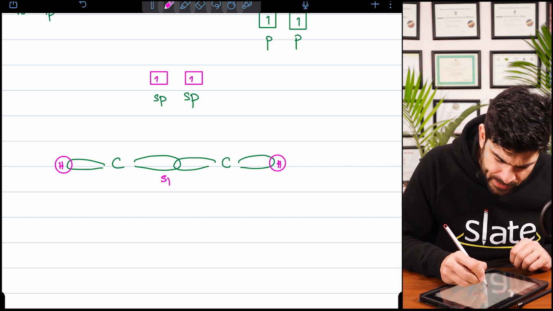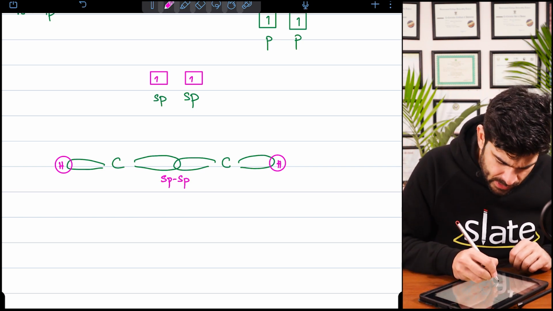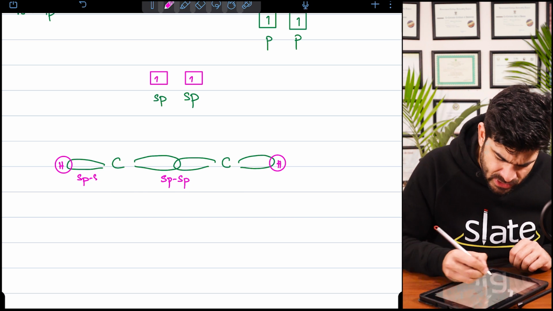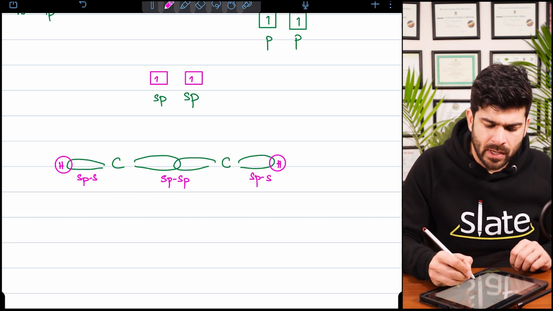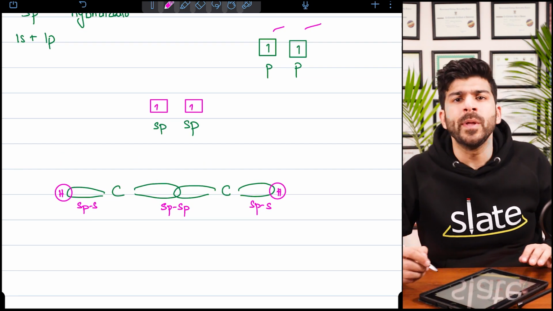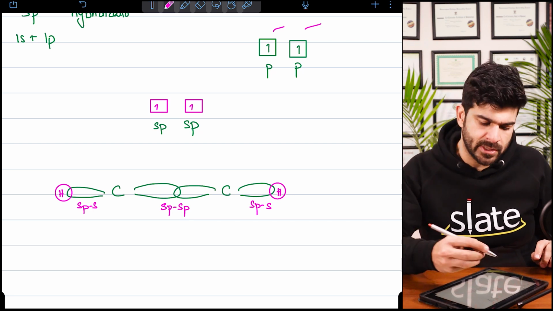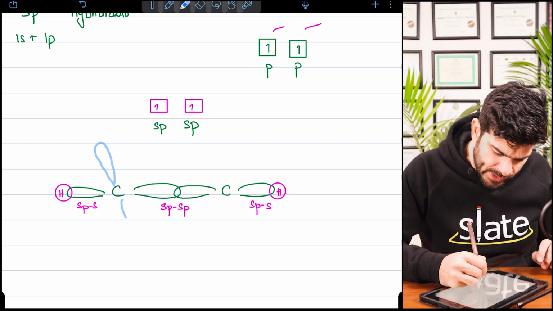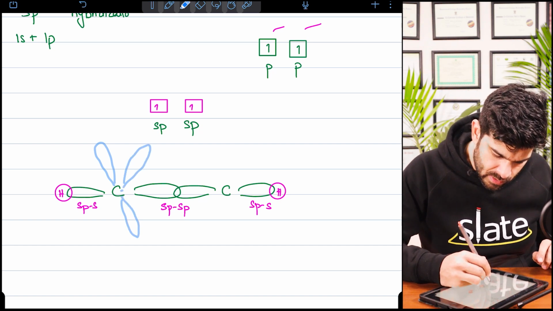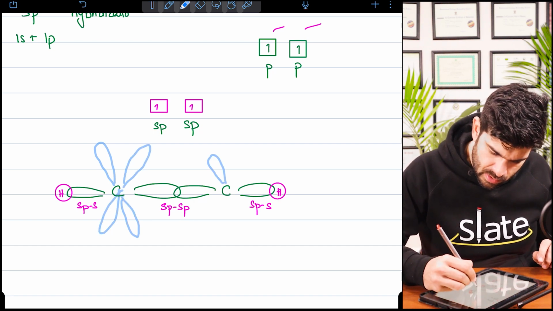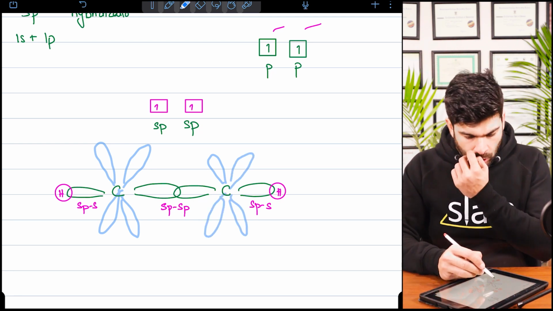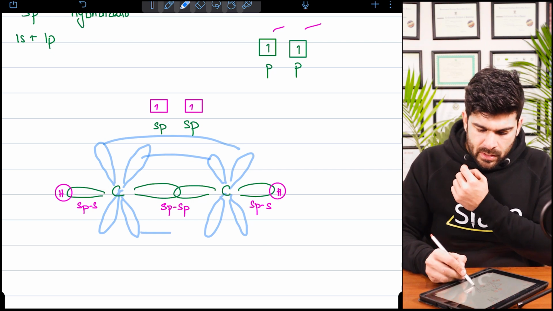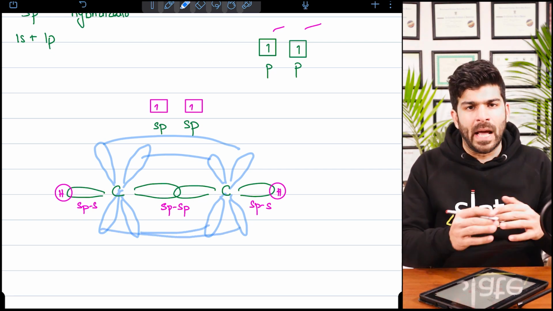Because this is an sp overlap, this is an s overlap, this is an s overlap. But remember, two p orbitals were still left unhybridized. So we make them here, and they are going to undergo overlaps.